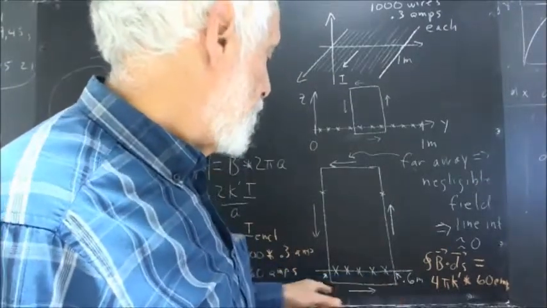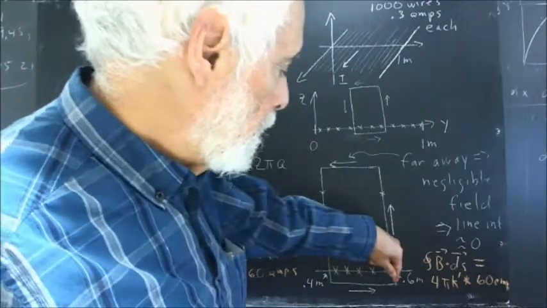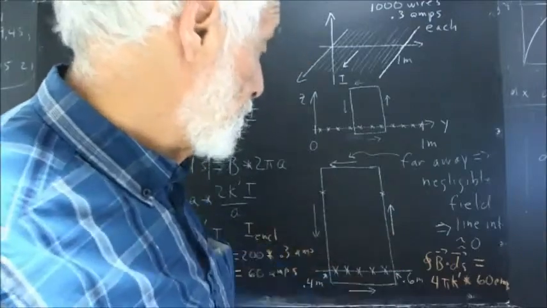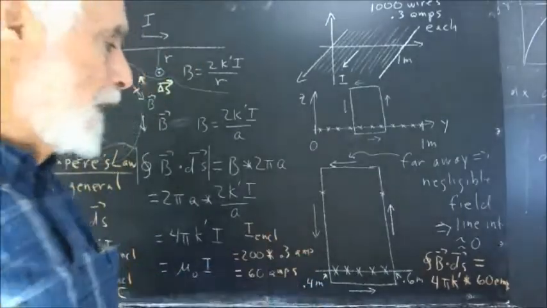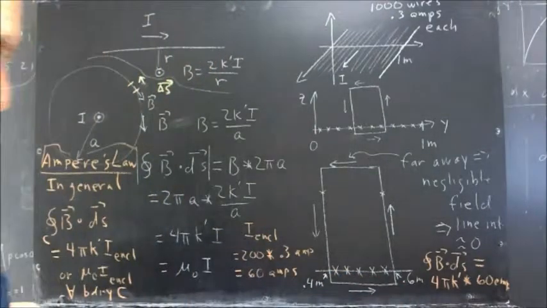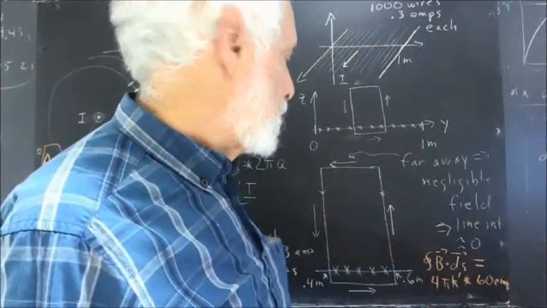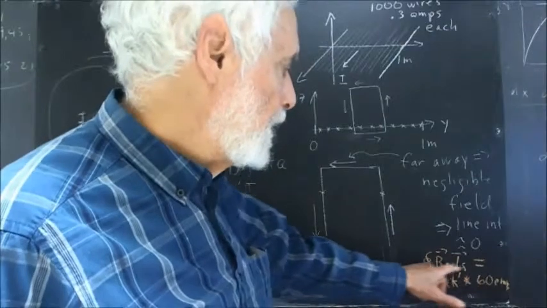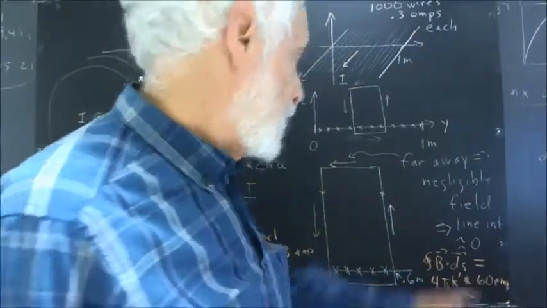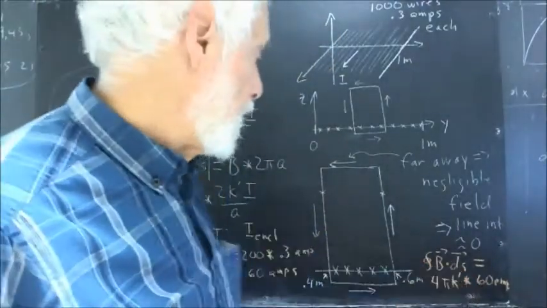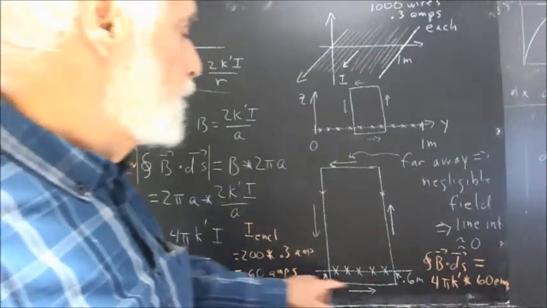Leaving just this segment here, and we want to analyze the line integral over this part of the boundary, because that's the whole line integral, and of course that line integral is going to have a field such that the entire integral of B dot ds, which is equal to 4 pi k prime times the enclosed current here being 60 amps, which we easily calculate over here, is all due to this.